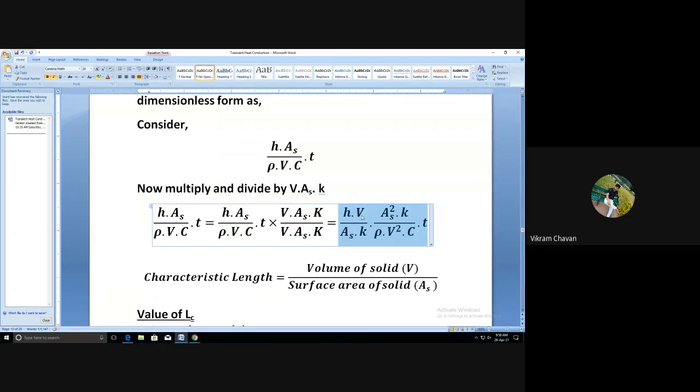So h we have taken as one term, whole divided by a suffix s divided by k, multiplied by a suffix s square multiplied by k, divided by rho v square multiplied by c, whole multiplied by t. That will be our another term.